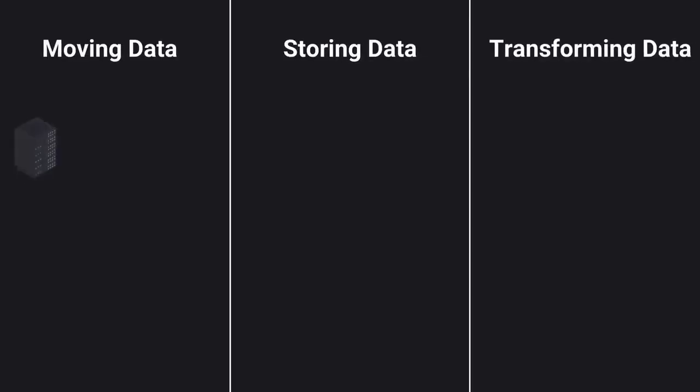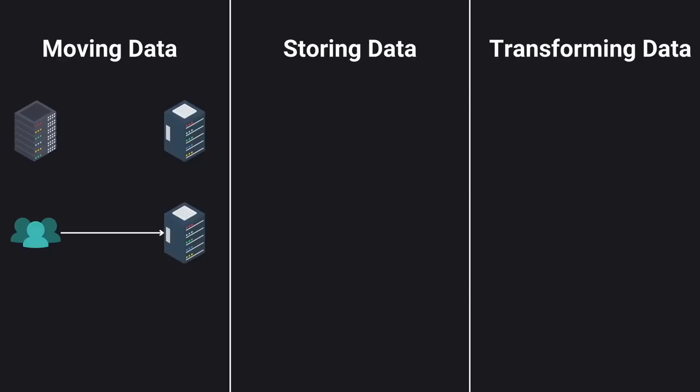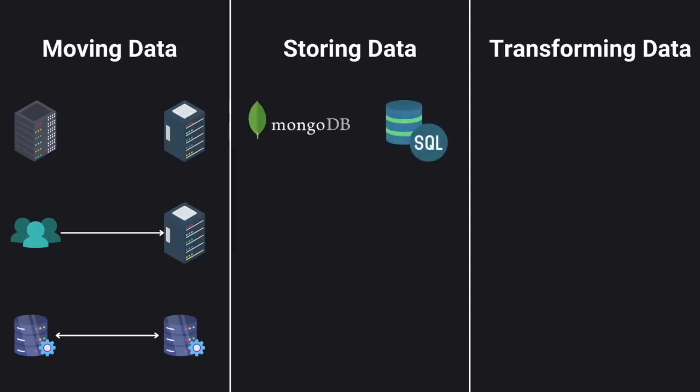At the heart of system design are three key elements: moving data, storing data, and transforming data. Moving data is about ensuring that data can flow seamlessly from one part of our system to another. Whether it's user requests reaching our servers or data transfers between databases, we need to optimize for speed and security. Storing data isn't just about choosing between SQL or NoSQL databases.